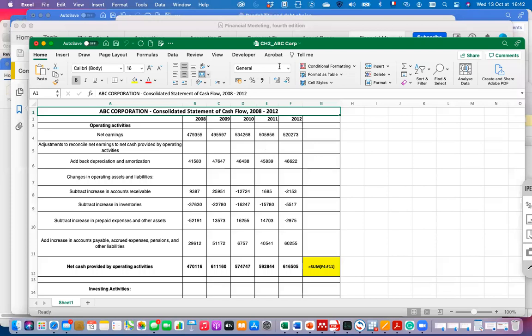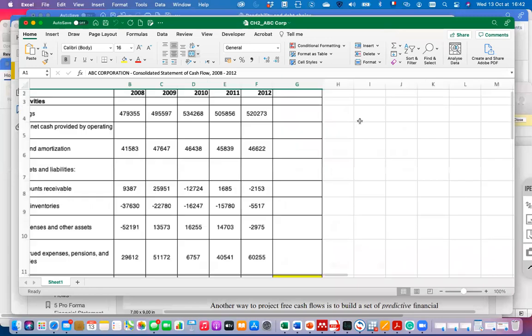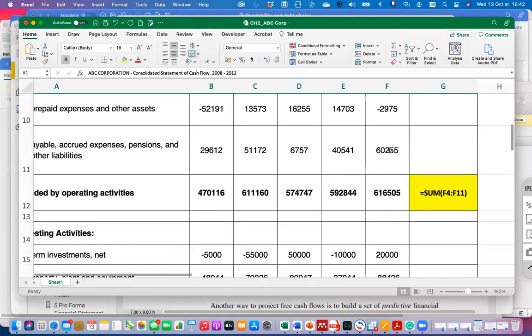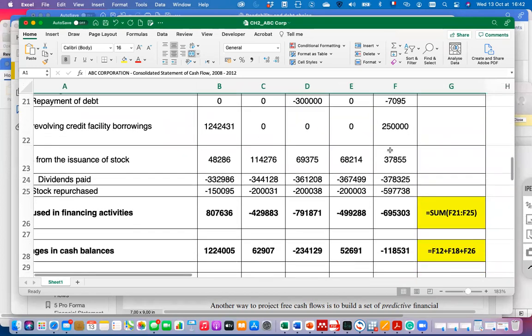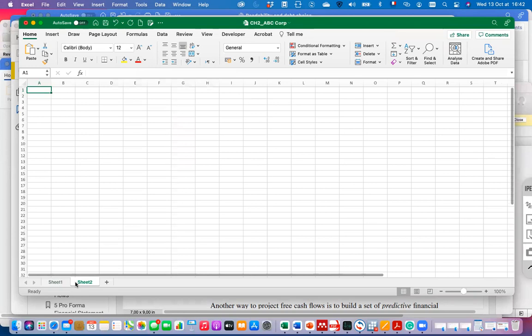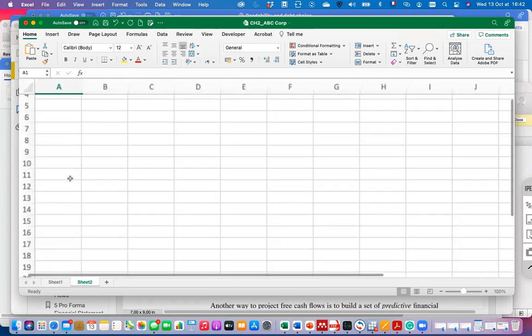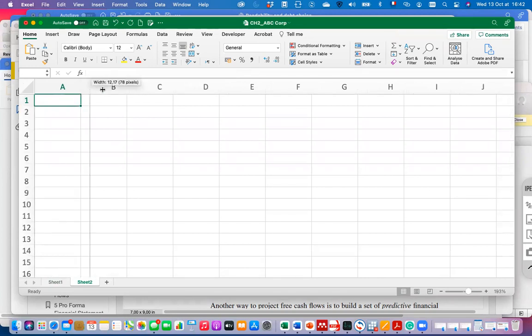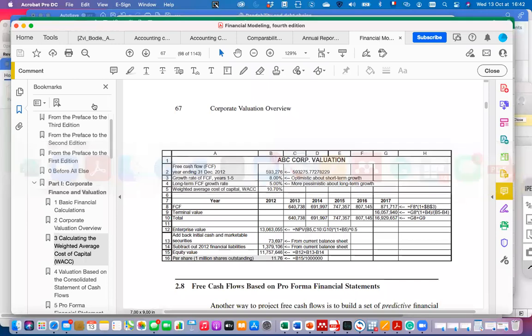ABC, Chapter 2, ABC Corporation. So we create a new sheet.